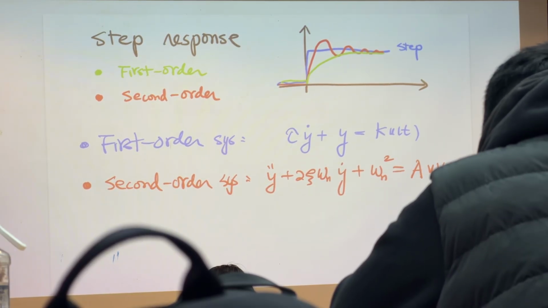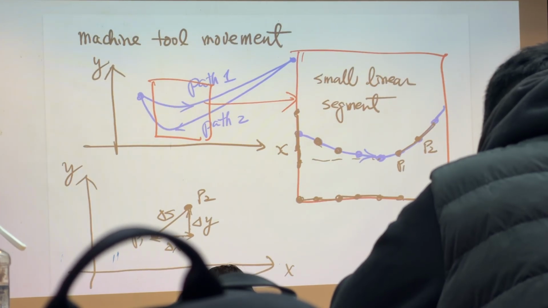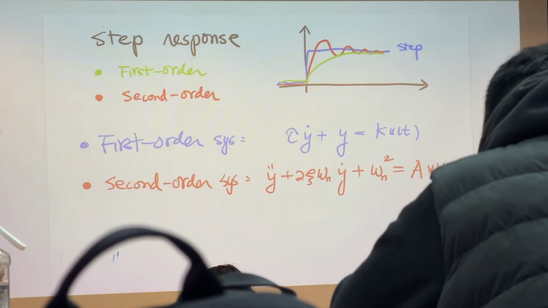What I mean is, if this is a system, a machine-tool system, remember the machine-tool system is like a T(s), right? And T(s) could be a first-order system, a second-order system, or a higher-order system.